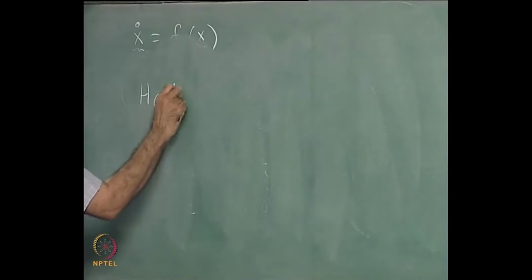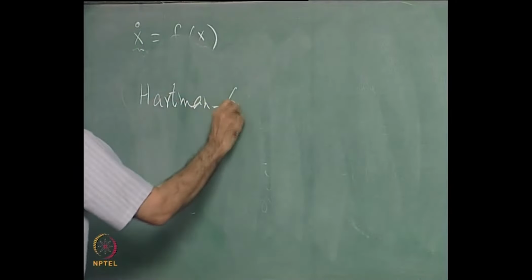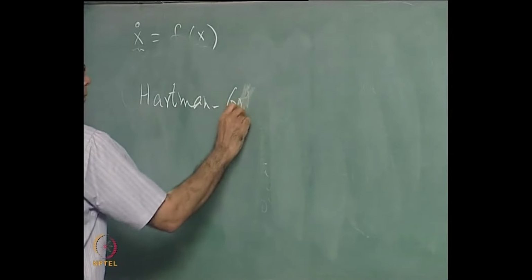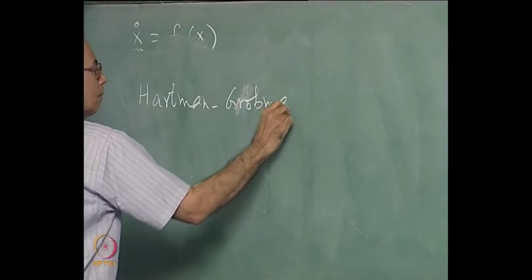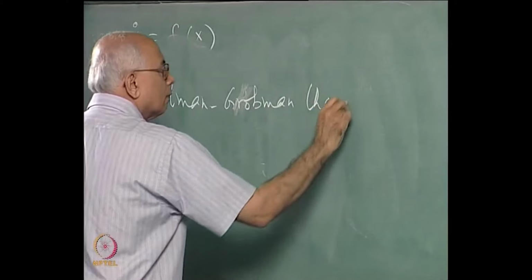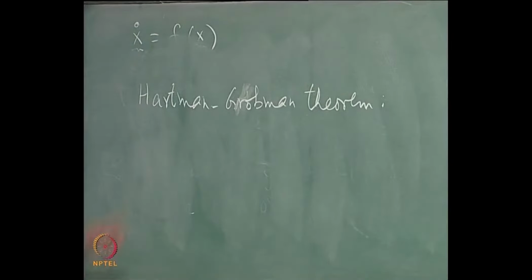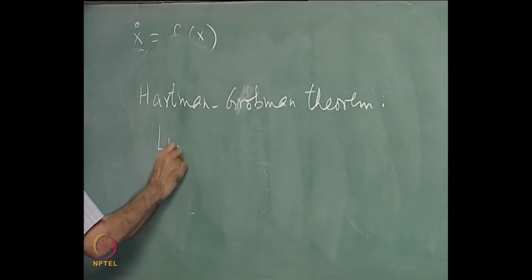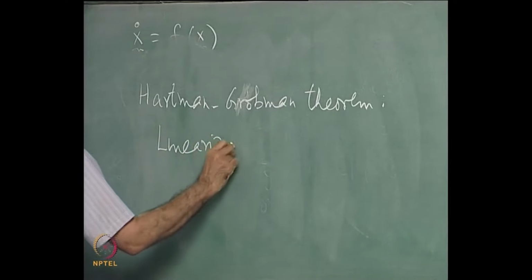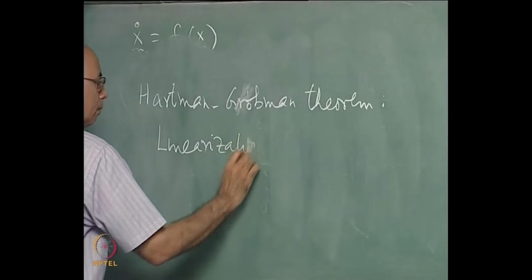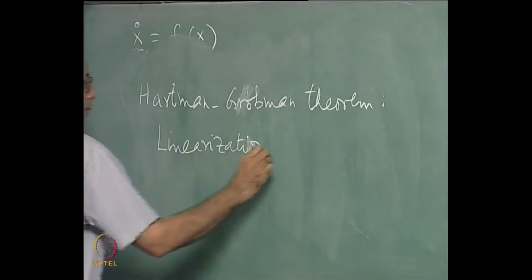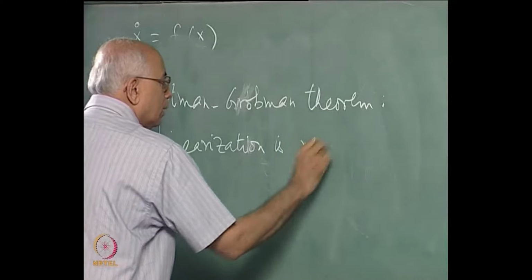The theorem I am talking about is called the Hartman-Grobman theorem, which essentially says, and I am not going to write down the rigorous definition of it here, but I refer you to the text that I have given in the list, that linearization is reliable.